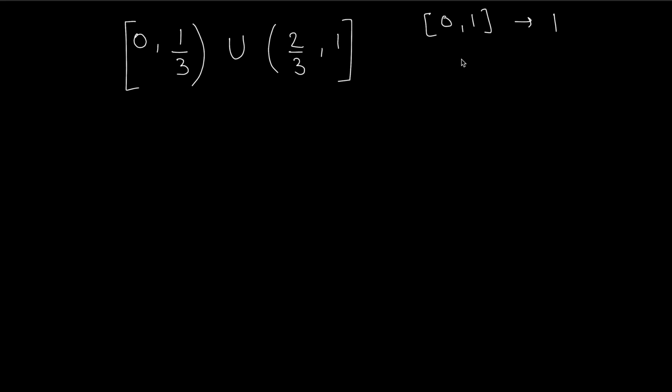So the total measure remaining is 1 by 3 plus 1 by 3, which is equal to 2 by 3, which we can write as 1 minus 1 by 3. This is the measure lost due to A1. When we lost A1 equals to 1, we are left with the measure 2 by 3.